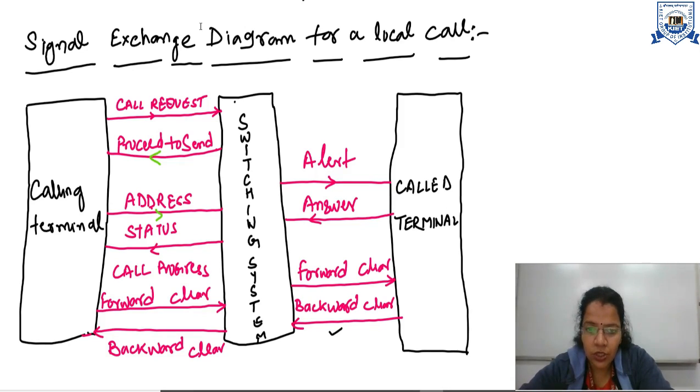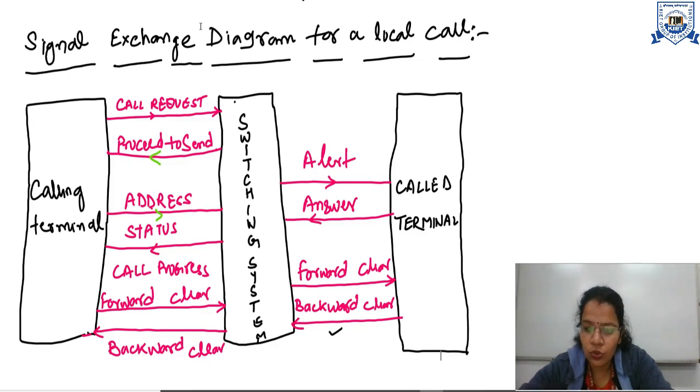I have shown this figure, and it will be seen in making a local call. These signals are exchanged through a handshake protocol. Each signal should produce a response in the opposite direction, thus verifying correct operation.